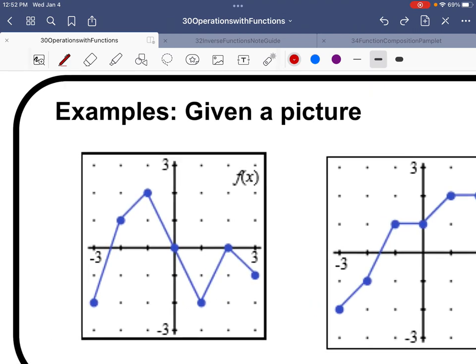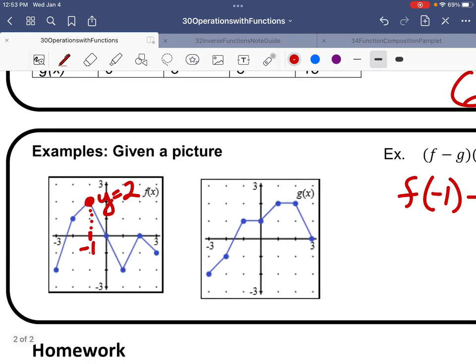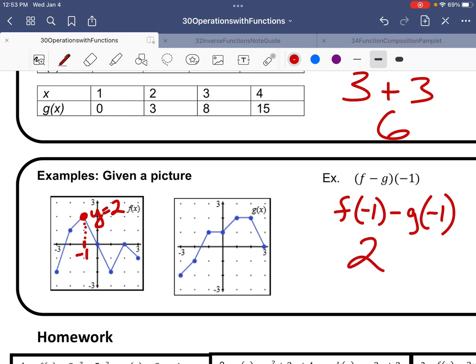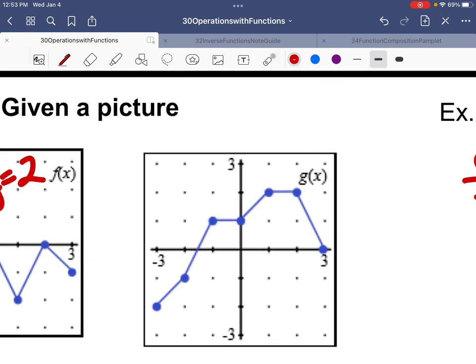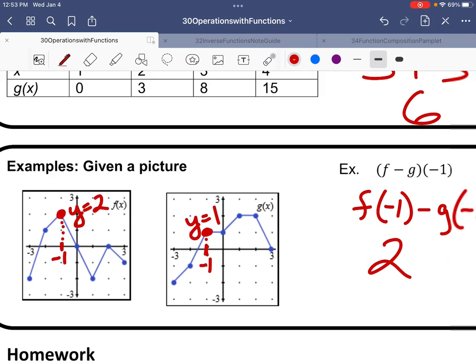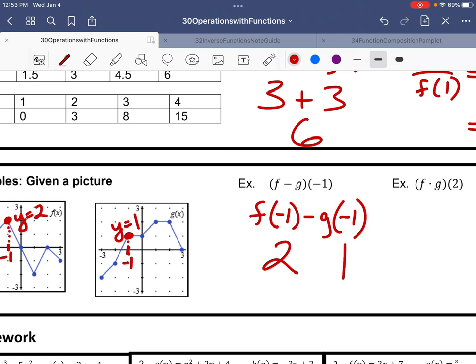On the f graph, I find the y value to be 2. On the g graph, when I go to x equals -1, I go up and find the y value to be 1. 2 minus 1 ultimately just comes out to be 1.